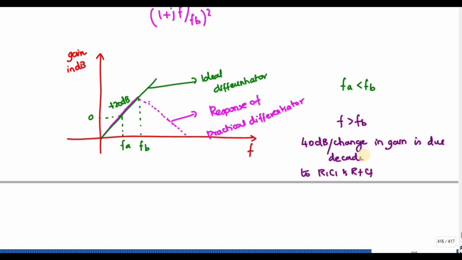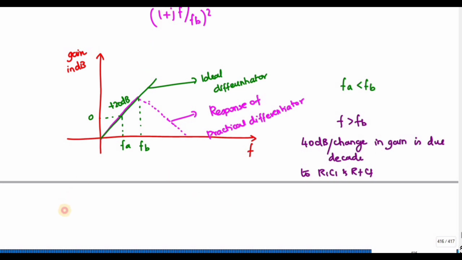so you can see in the ideal differentiator, if I increase the frequency, it will amplify the noise and it will cause a stability problem, right? But here, since the gain is reduced at high frequency significantly, it will avoid the high frequency noise and stability problem.